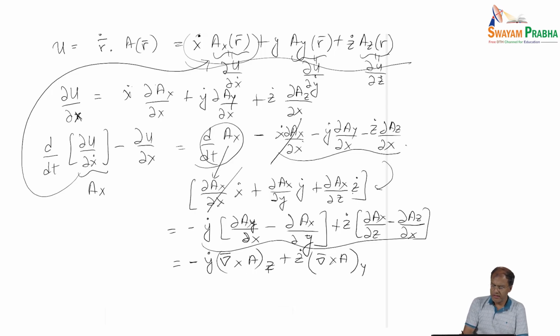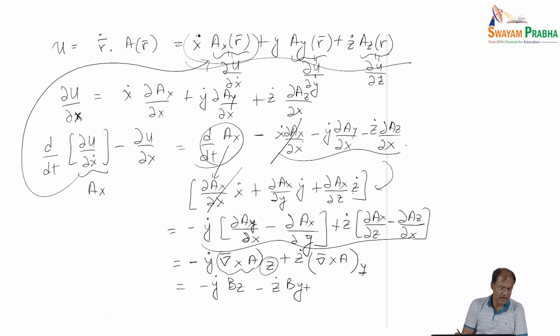What is this? Z means the z component of del cross A, and the subscript y means the y component of del cross A. So then similarly we can see that this del cross A is nothing but B. So this is minus y dot times Bz minus z dot times By, right?